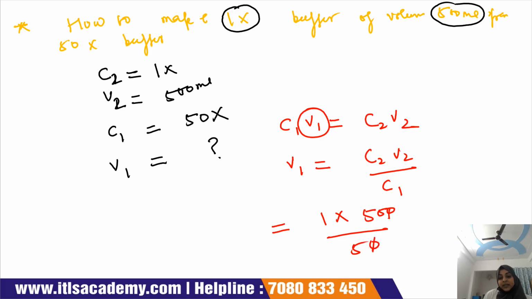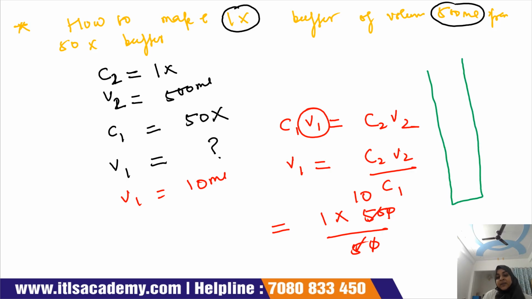So it is 10. V1 is 10 ml. Now what we have to do? Take a measuring cylinder of 500 ml.